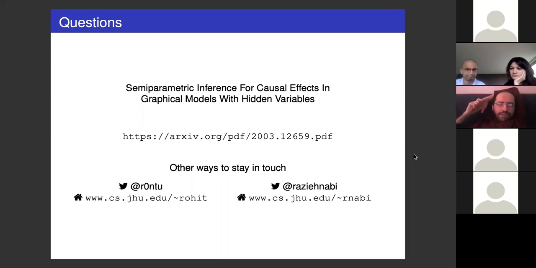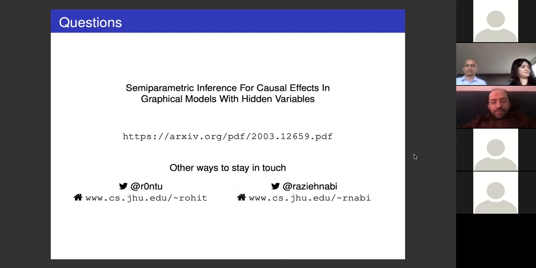In the package, can we learn the structure of the ADMG, or should we specify the directed or undirected edges? So currently you have to specify all of the edges. There's an interface for building the graph.